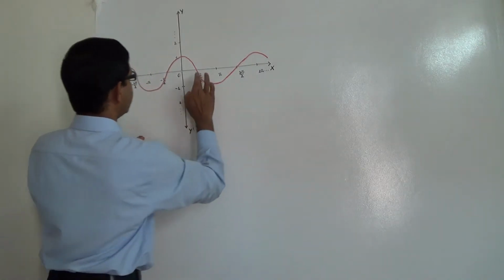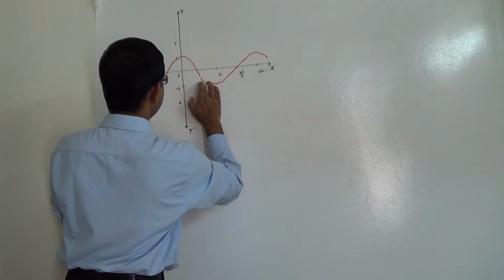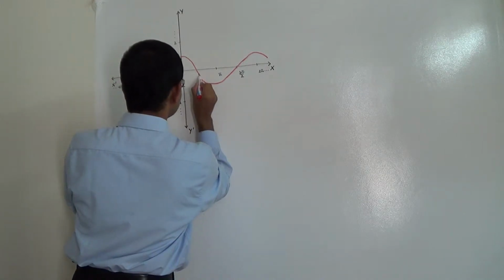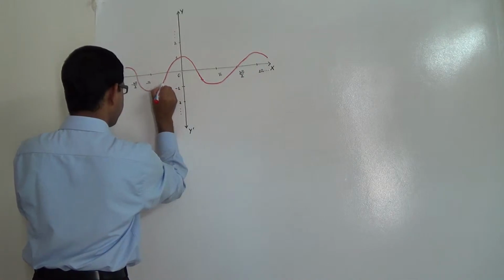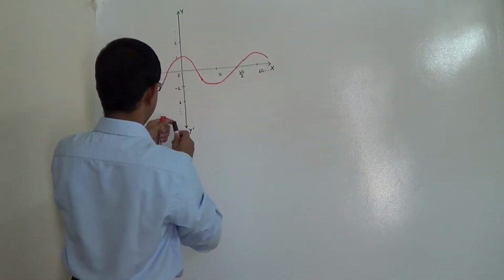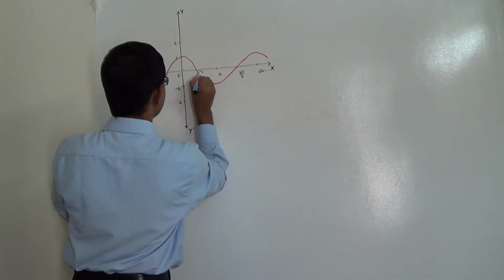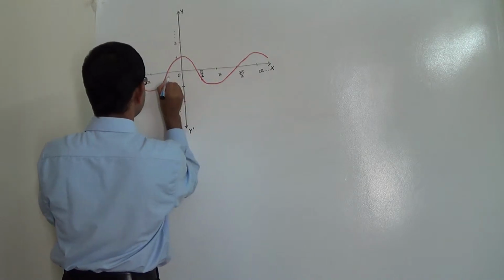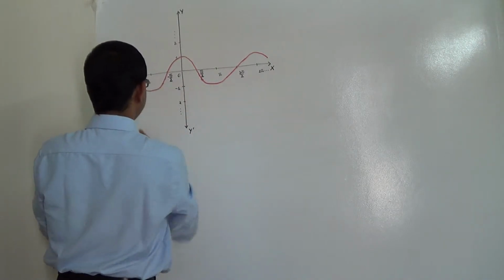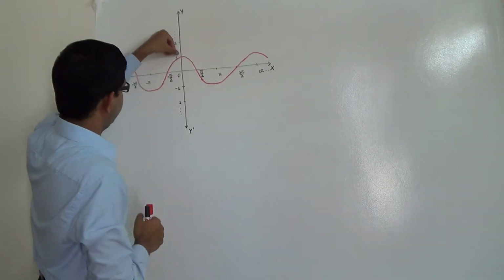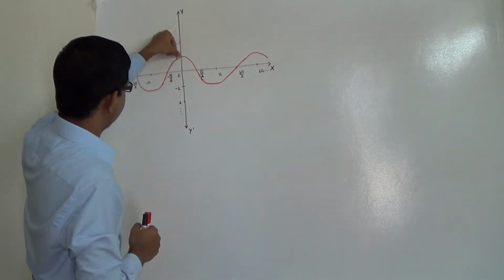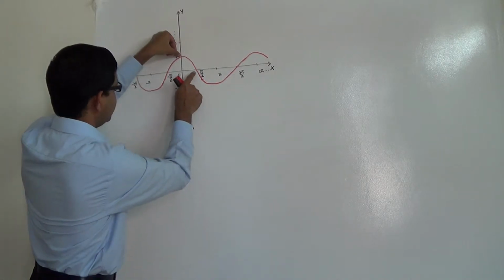So let me write that pi by 2 in a better manner, and here also. Okay. This is pi by 2. This is minus pi by 2. Look carefully. You see that cos 0 is 1 and cos 90 degrees is 0.